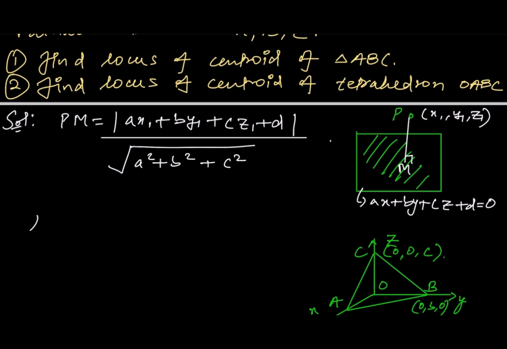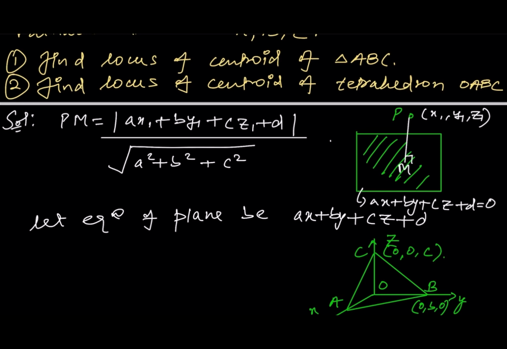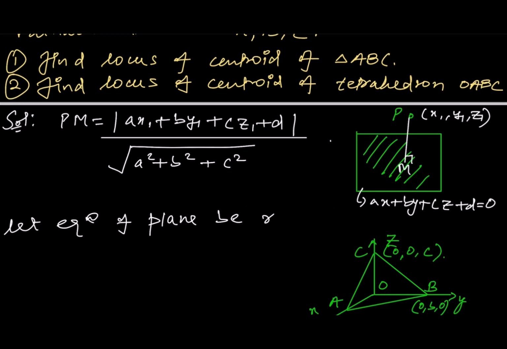As the plane remains at a constant distance p from the origin, let the equation of the plane be x upon a plus y upon b plus z upon c is equal to 1, right?